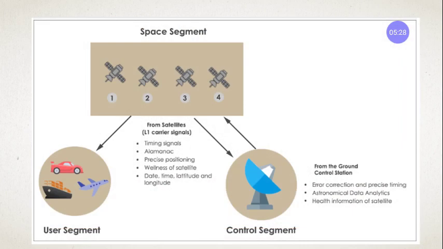GPS has 3 segments. First is the user segment, where the user is standing with a GPS machine. The second is the space segment, where the satellites will be sending the signals to you.